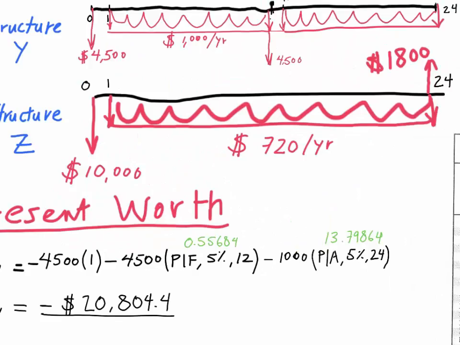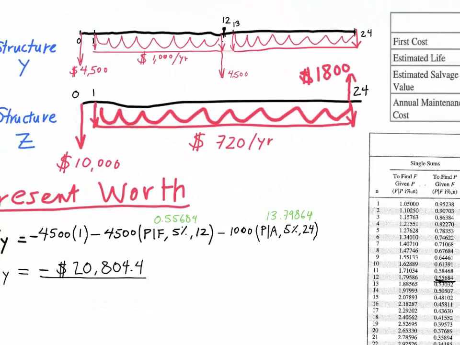Let's plan ahead. So, present worth of Z, I have actually three terms: initial investment, maintenance, and salvage. So, I have three terms to write, and let's see the factors for each.